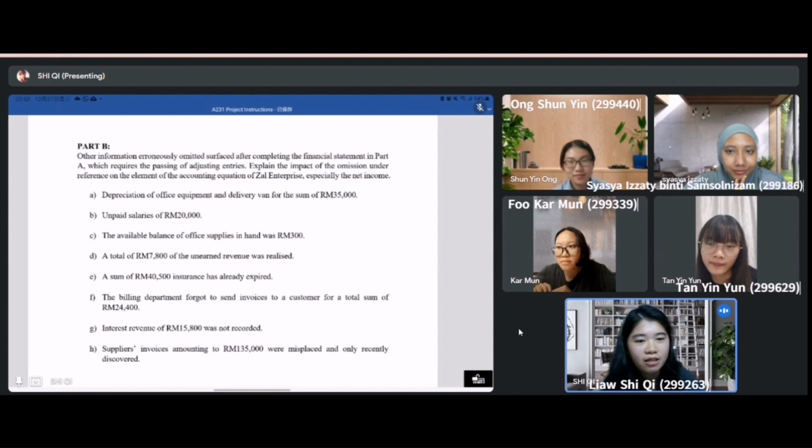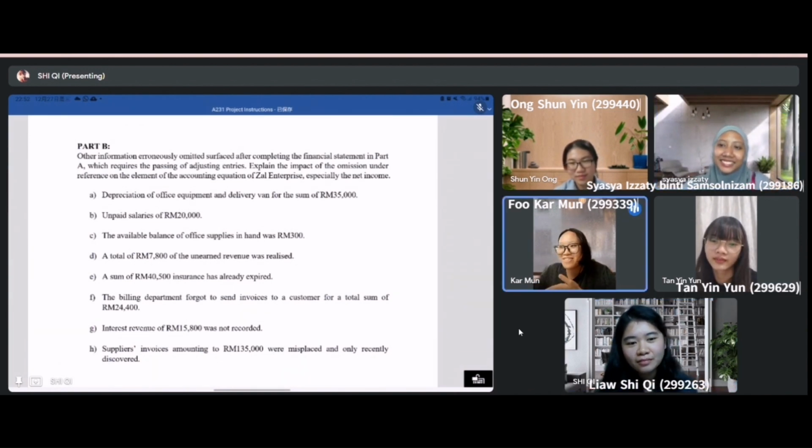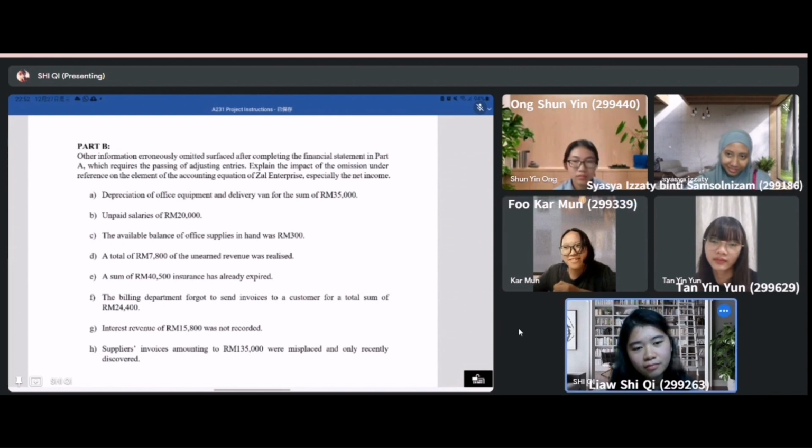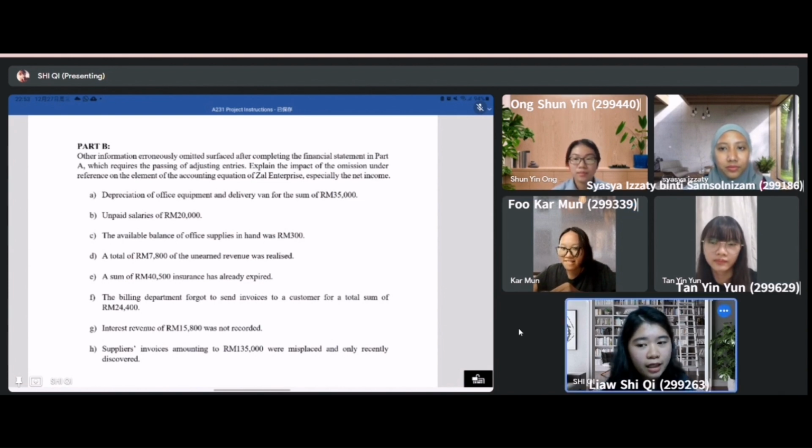How about debit cash? Why? Maybe debit cash means we charge 135,000 to the supplier, so we need to reduce the supplier account and then we get our cash back. So what would be your credit side?